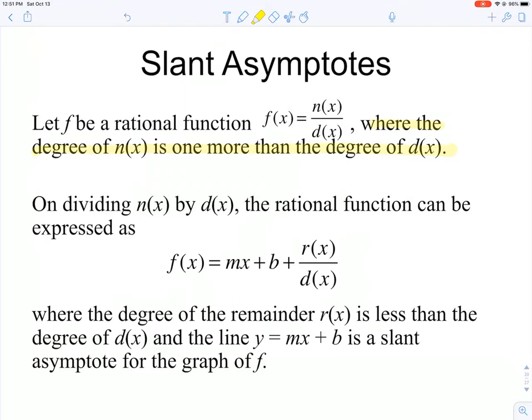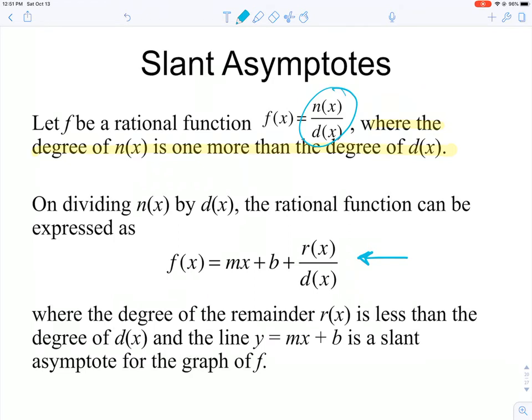Now, if you were to do polynomial long division on your rational function, n of x over d of x, you could rewrite your function in this form: m times x plus b plus r of x over d of x.